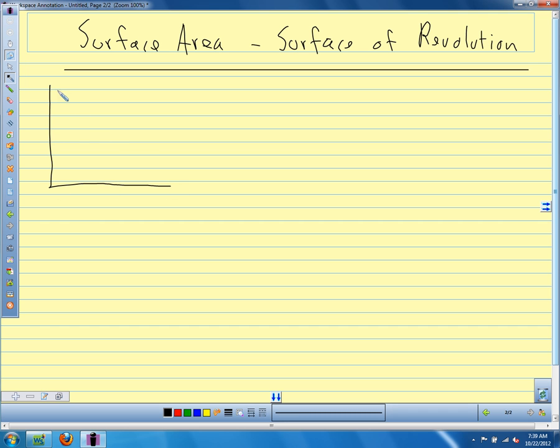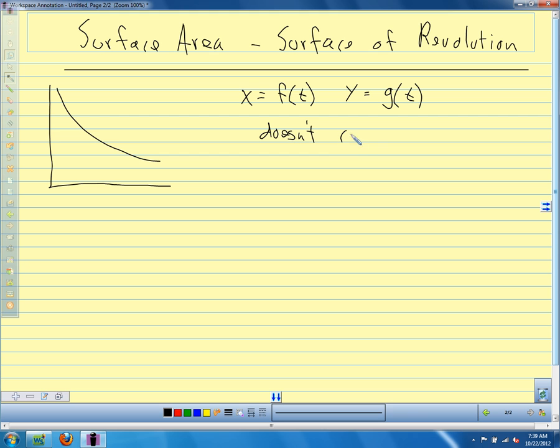So we have some curve like so, and we're going to revolve this about either the x or the y axis. So we have, just like we've been talking about, x is some function of t. We have parametric equations, y equals some other function of t. Doesn't cross itself on a to b, on the interval that we're interested in.